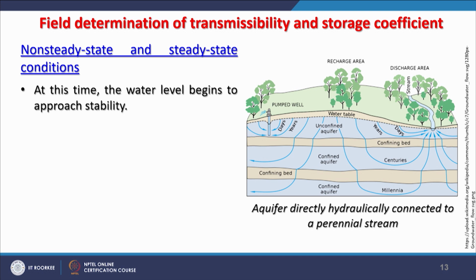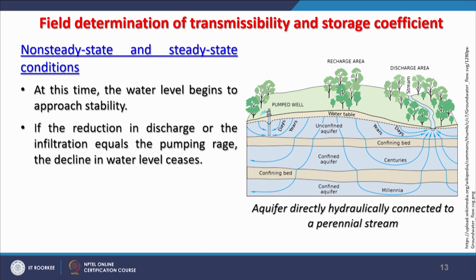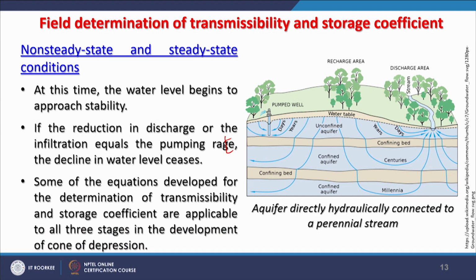In such a situation, the water level begins to approach stability, and that means we are approaching the steady state condition. So, if this reduction in the discharge or the infiltration equals the pumping rate, the decline in water level also ceases, and there will not be further decline in the water level in the well.